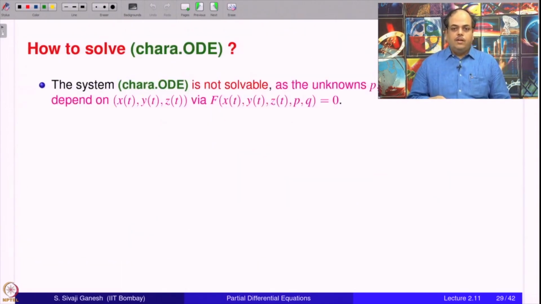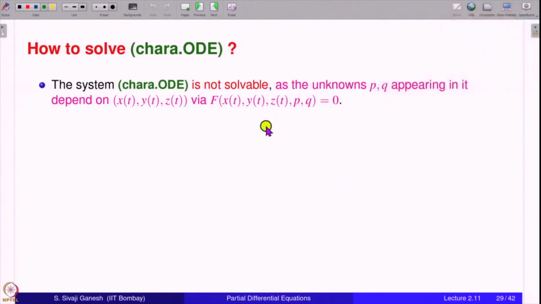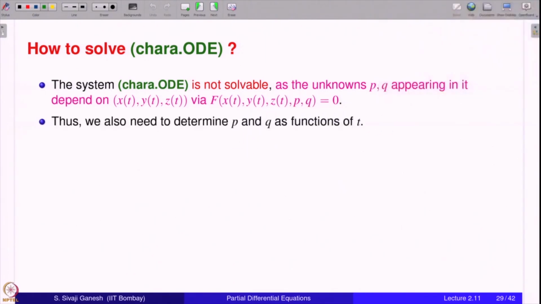It is not solvable as the unknowns P and Q appearing in it depend on x(t), y(t), z(t) via this equation f of x(t), y(t), z(t), P, Q equals 0. P and Q are also depending on t. Thus, we also need to determine P and Q as functions of t. Since x(t), y(t), z(t) themselves are unknowns, there is no hope of solving for P and Q from this equation.